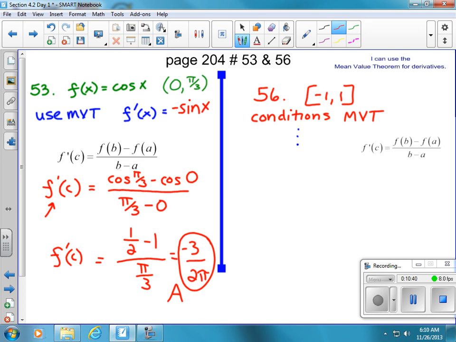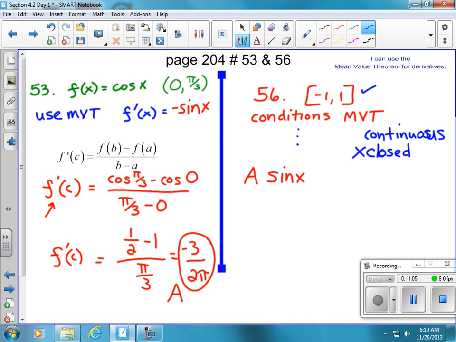Okay, so A, I know sine is, and remember the 3 conditions, we don't actually need this here. The 3 conditions for the mean value theorem are continuous, and closed interval. Well, we already have the closed interval, so we don't even have to check that for everyone because they gave us the interval. And differentiable.